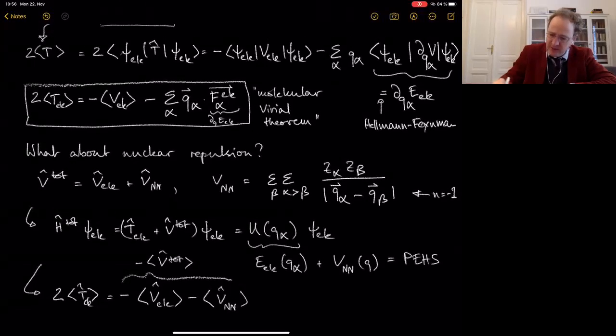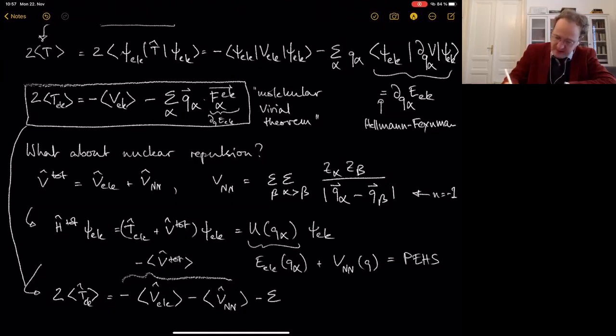So from up here, the Euler is not only that, but also this sum over Q alpha dQ alpha, and now we have to use it for the U because it's for everybody.